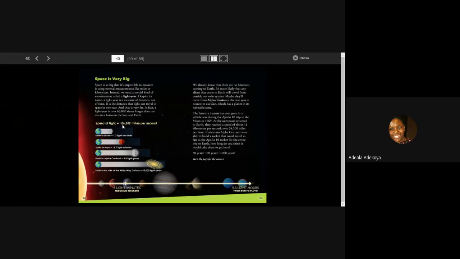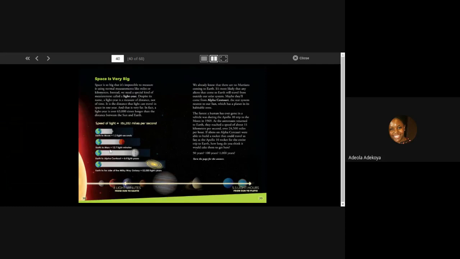Speed of light. So the speed of light is 186,282 miles per second. That's really fast. All right, so here's also giving me information about the distance from Earth to other planets. So the distance from Earth to the moon is 1.3 light seconds.